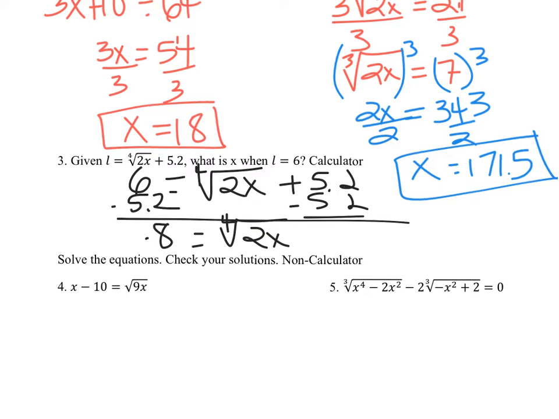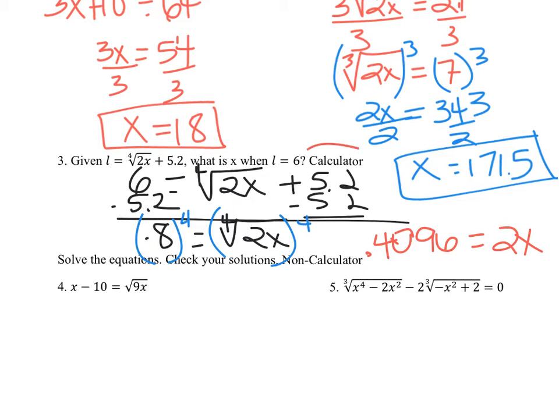In order to undo a fourth root, you raise it to a power of 4, and so then you get 0.4096, okay? And that equals 2x.